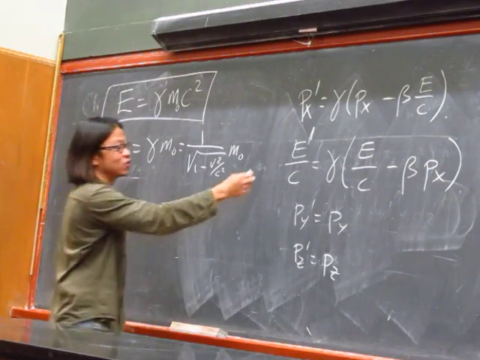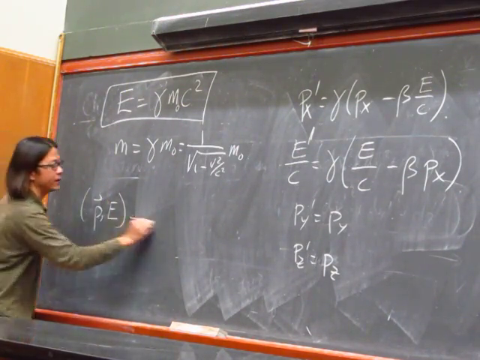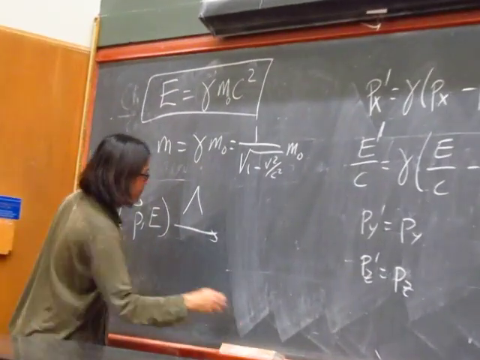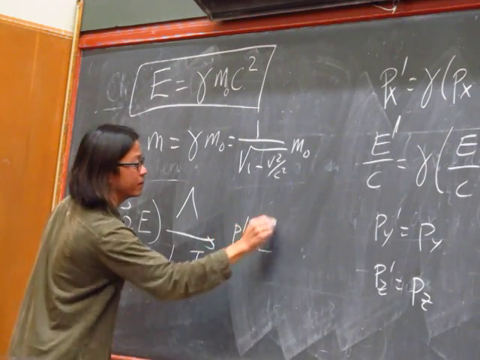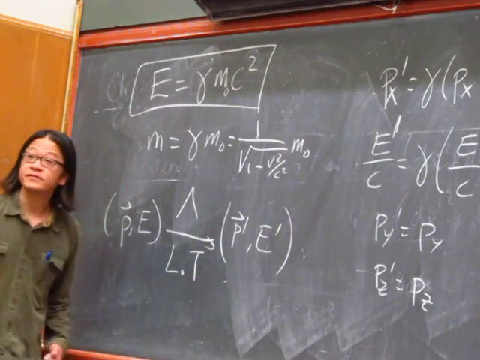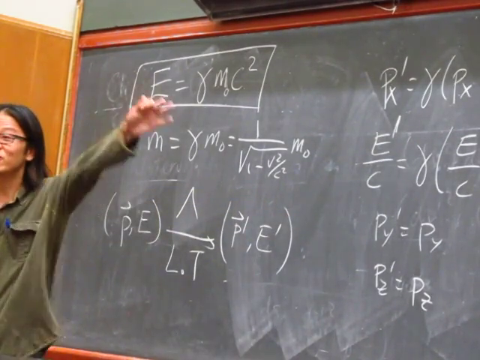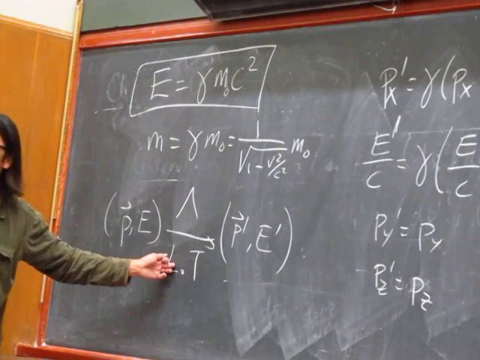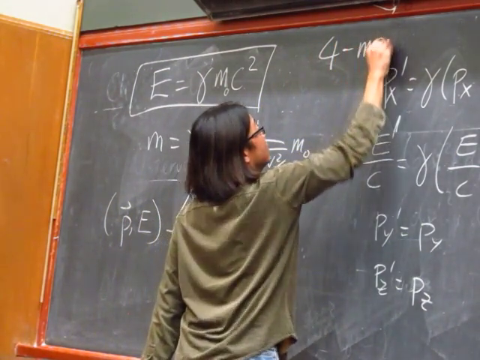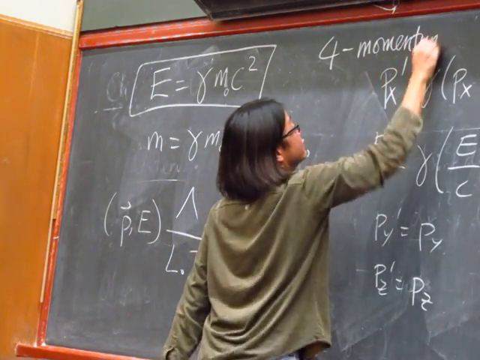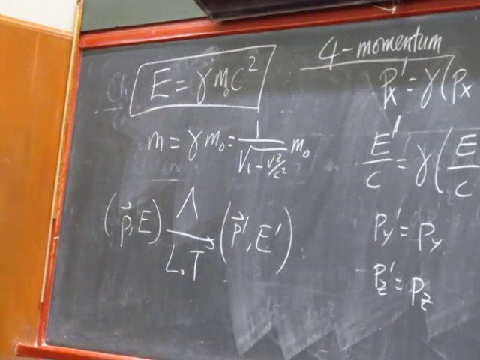And this is just the Lorentz transformation, right? I know p and E, right? I have a Lorentz transformation into p prime, E prime. Very simple, right? If you remember the Lorentz transformation, you remember our momentum transform. This is called four-momentum. This is a fancy name, just to differentiate it from classical momentum. Okay?